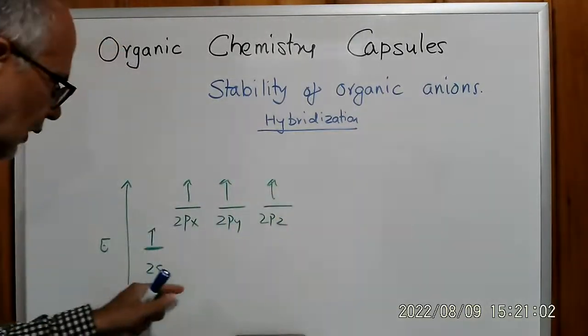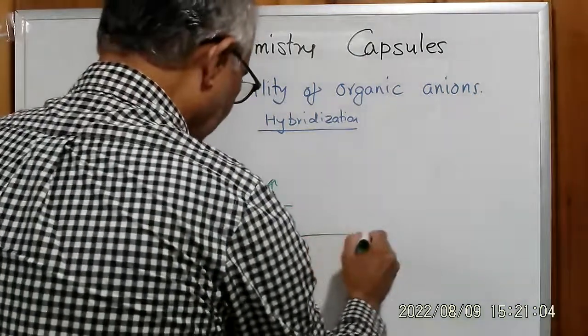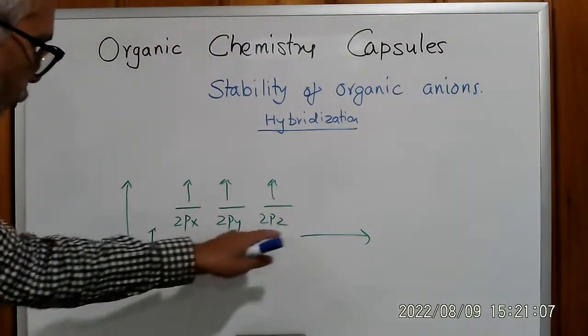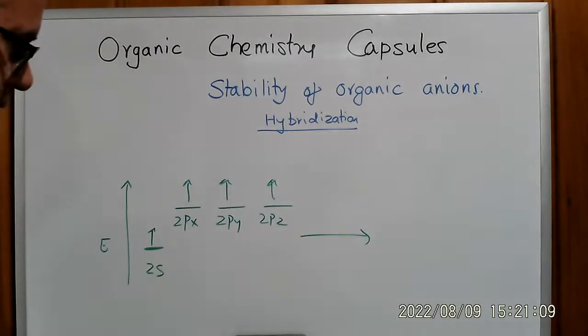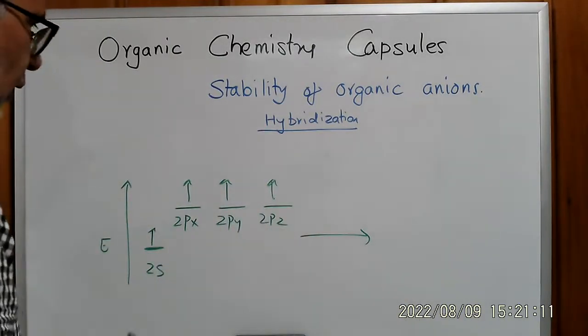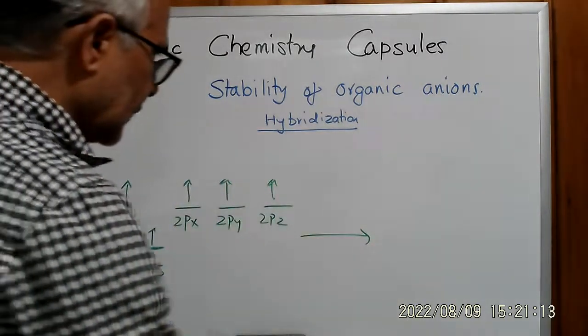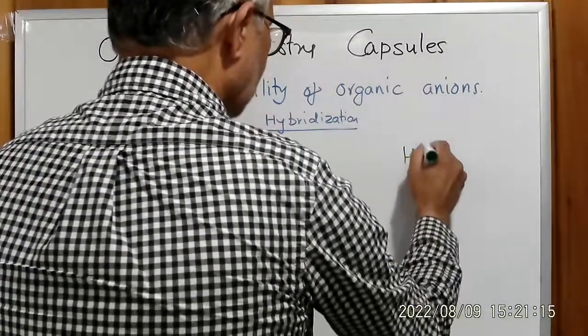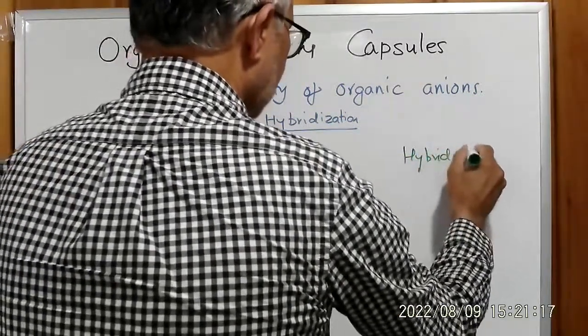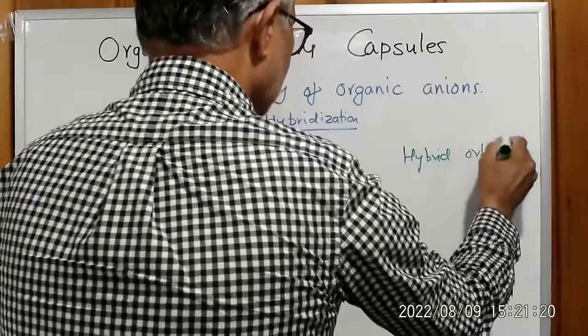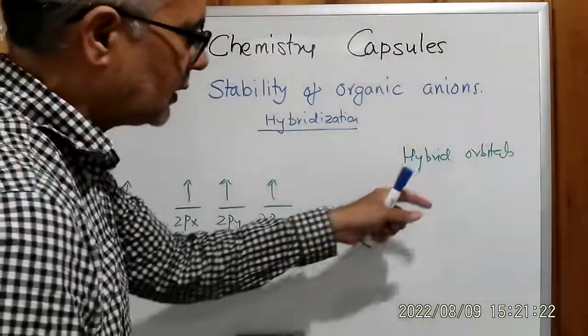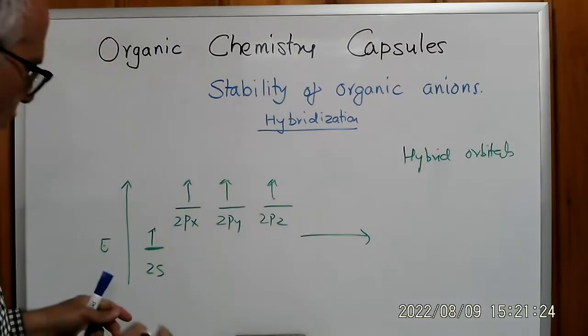So we start with this. What is put forward is that these 4 orbitals hybridize, combine, and form what are called hybrid orbitals. The process that forms the hybrid orbitals is hybridization.